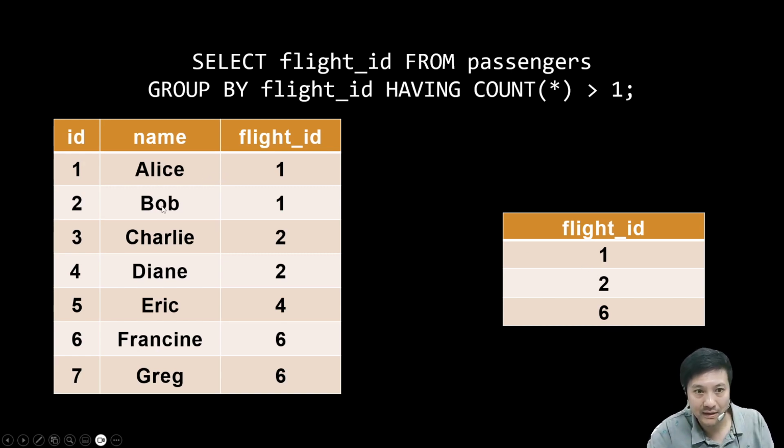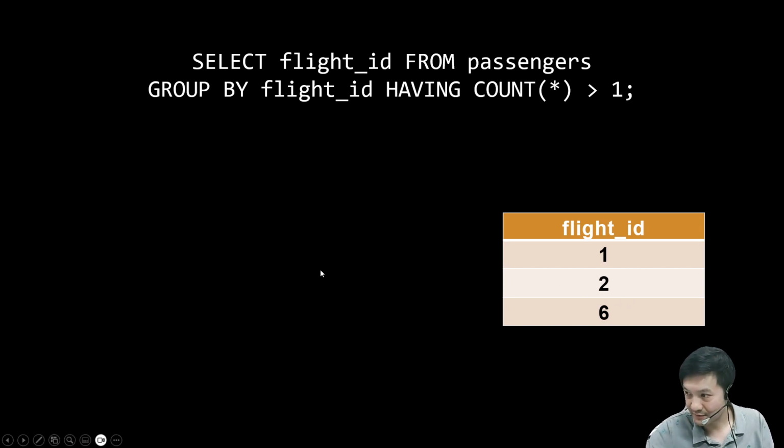So group one is fulfilled, two is fulfilled, six is fulfilled, but every one following has only one, so it doesn't match the condition. And in the final result we just want the flight ID, so we know which flights have more than one passenger. This is a quite common question in the real world. If you are an airline, you want to group the flights or cancel a flight, and you need to count it.